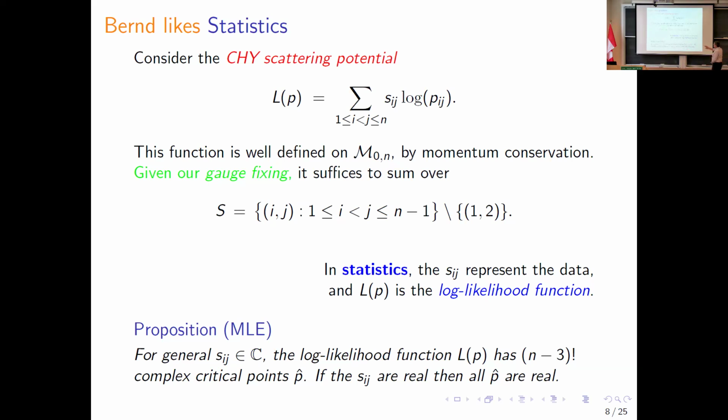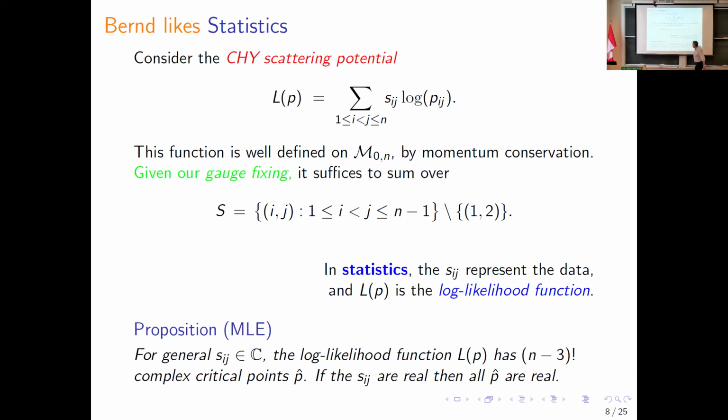Now here's a proposition. In this case, it's very easy. If the s_ij are general, and in fact they can be positive real also, integer also, then the log likelihood function has (n minus 3) factorial complex critical points, so the dimension of the moduli space, factorial many critical points.